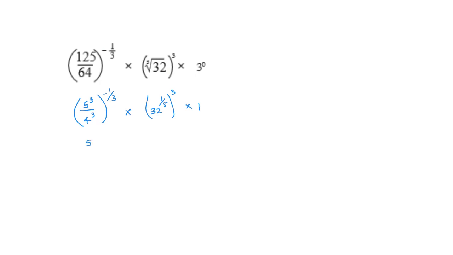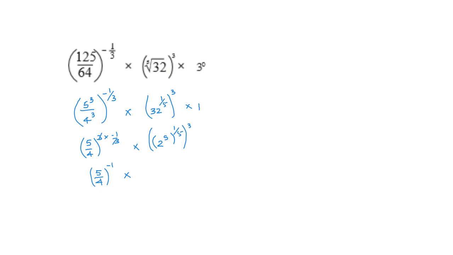Now 5 over 4 cubed into minus 1 over 3 into 32, you can write as 2 to the power 5 into 1 over 5 cubed. Now 3 cancel. You can write it as 5 over 4 to the power negative 1.